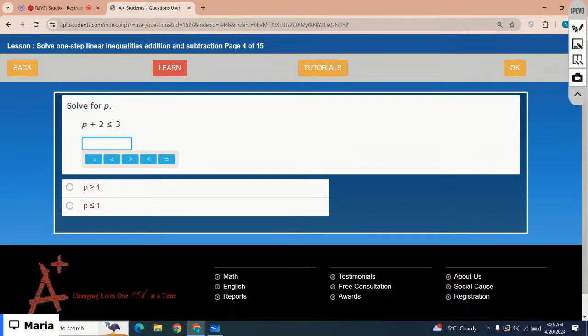The correct option is P is less than or equal to 1. Option number 2 is the correct option, right?